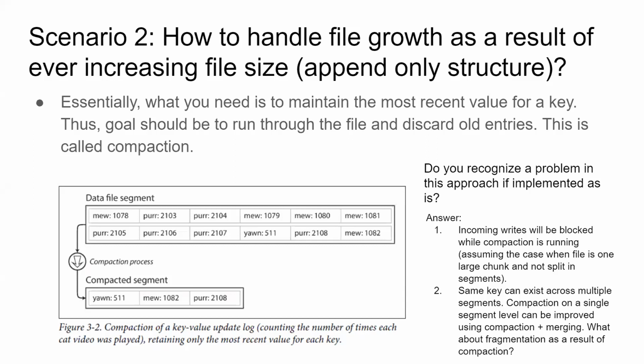Right? Because think about a segment, as written to the disk. The segment comes from, let's say, an in-memory tree, supposed to be a binary search tree, and then at one point that tree is written into a file segment.